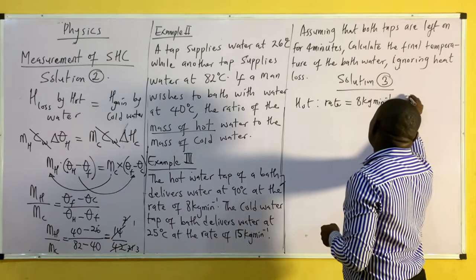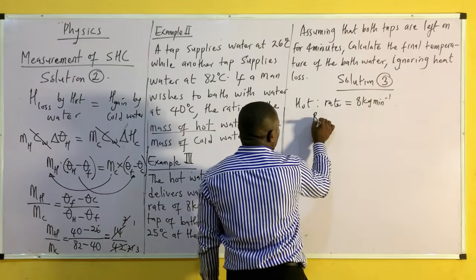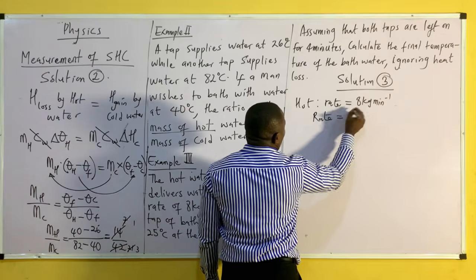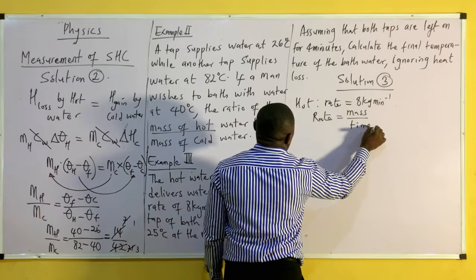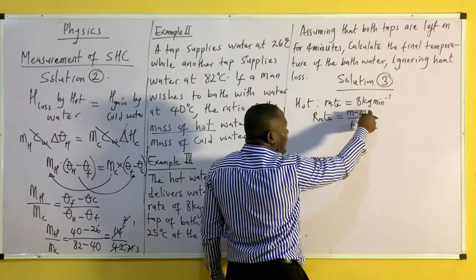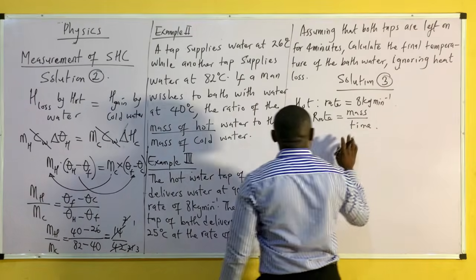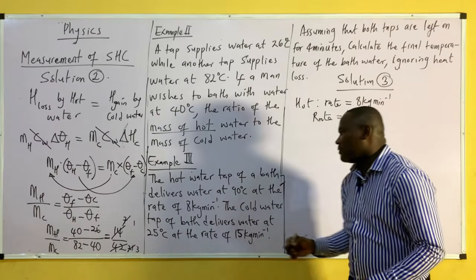What that means is that rate is equal to mass over time. Kilogram per minute means mass over time. Take note of this, it will help us very well. So that's the rate at which it delivers.